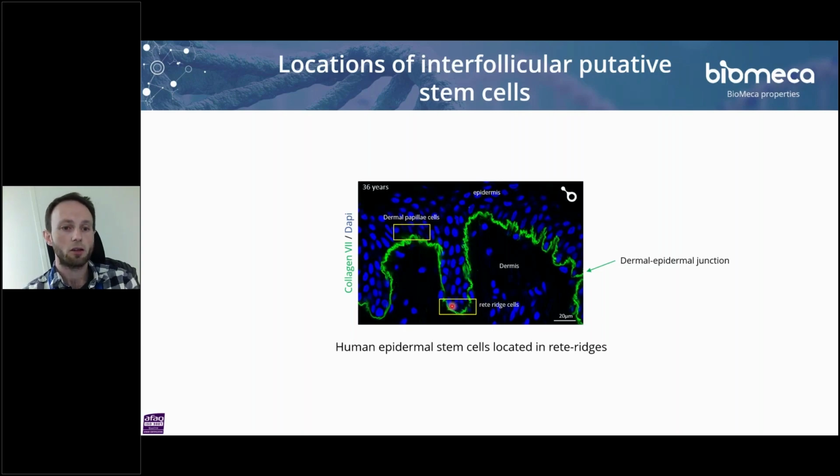Indeed, some markers have been identified to be specifically expressed in cells located at the dermal papilla area, or to be expressed only in cells located in the rete ridge. Some other markers have been found to be expressed widely along the basal layer, but present some enrichment in cells located in the dermal papilla of the interfollicular epidermis.